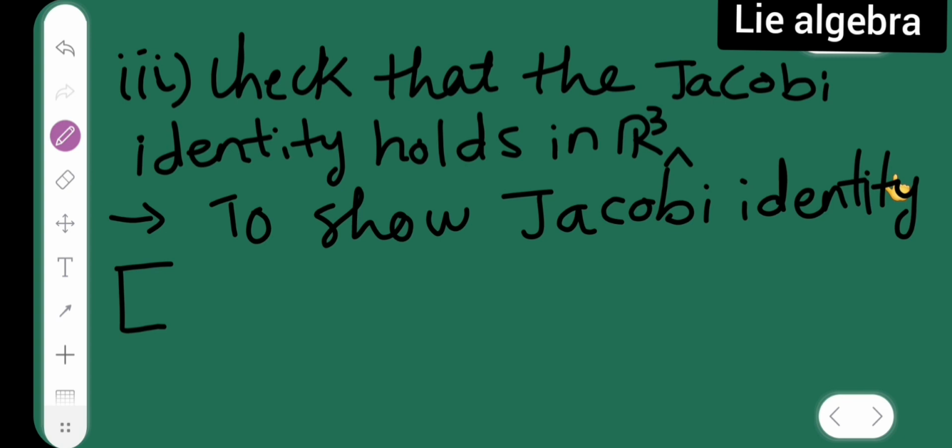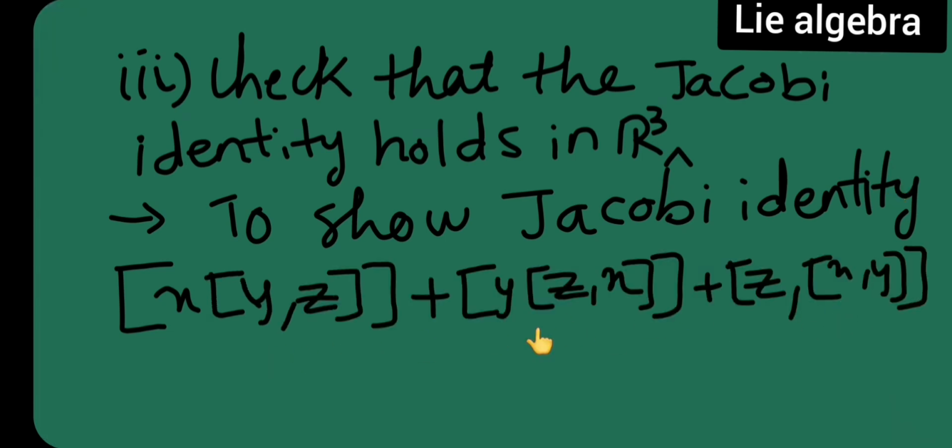I will write it like this: x, Lie bracket of y, comma, z, plus y, Lie bracket of z, comma, x. This is also a Lie bracket. Plus z, Lie bracket of x, comma, y. So first I have taken the Jacobi's identity.